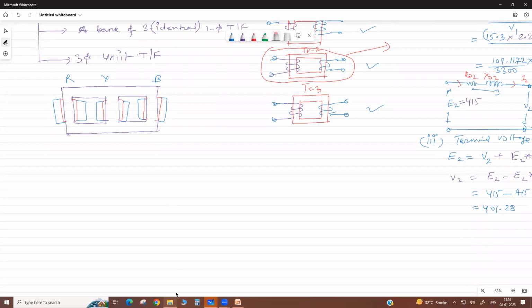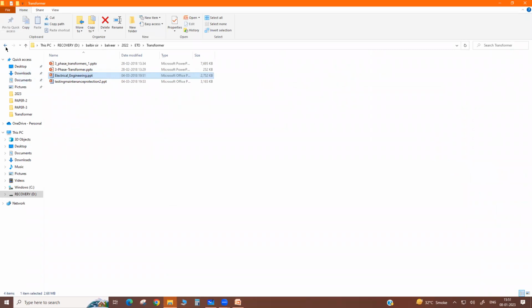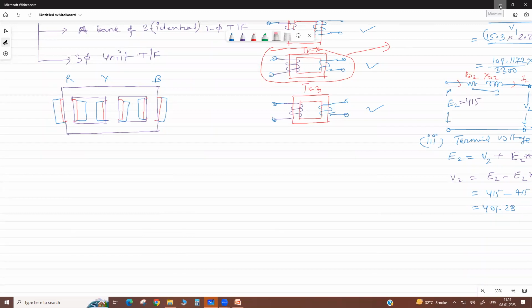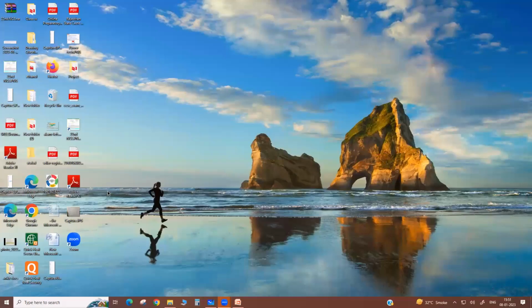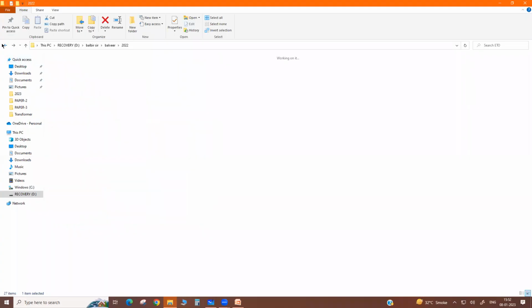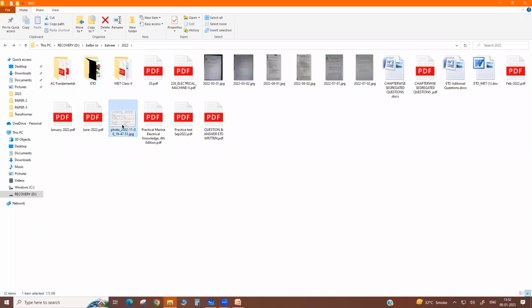I already shared these notes, comparing the advantages of a bank of transformers, in the group. Yeah, here it is.